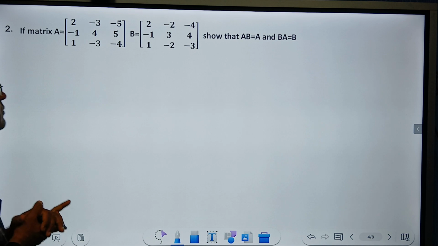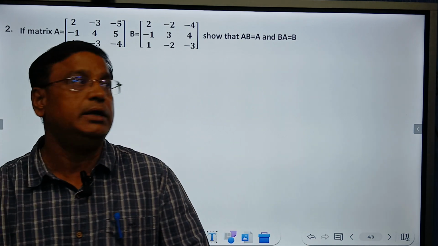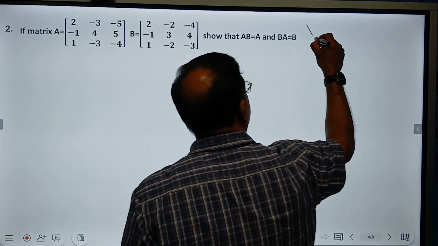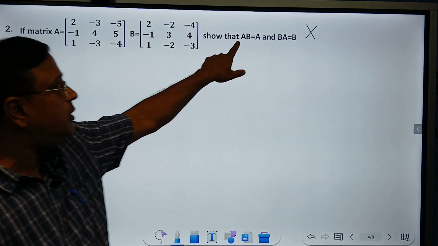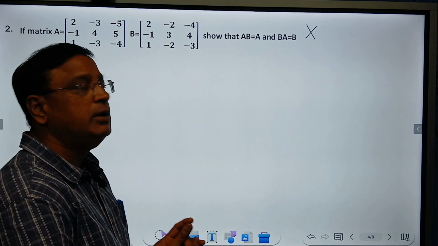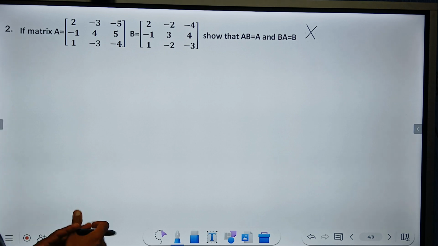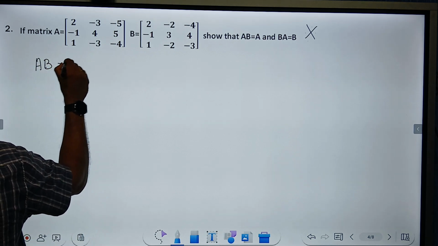I am given matrix A and matrix B, and I have to show that AB equals A and BA equals B. According to me, this is a very important question. I will do one part. I think you can do the next part. So shall I do AB equals A? We'll try to prove that AB equals A. Now what is AB? And what is A?